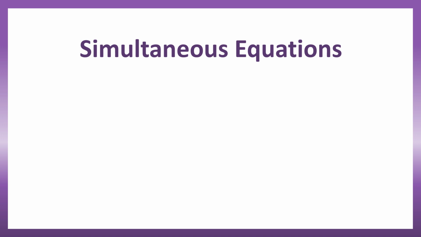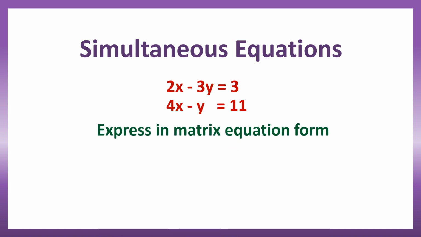And now, let us take an example. 2x - 3y = 3, 4x - y = 11. We have got simultaneous equations. First of all, in order to solve these equations using matrices, we have to convert them into matrix equation form. And for expressing in matrix equation form, we have to take the coefficients from these equations.